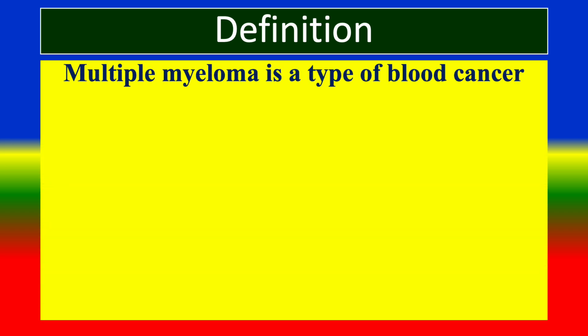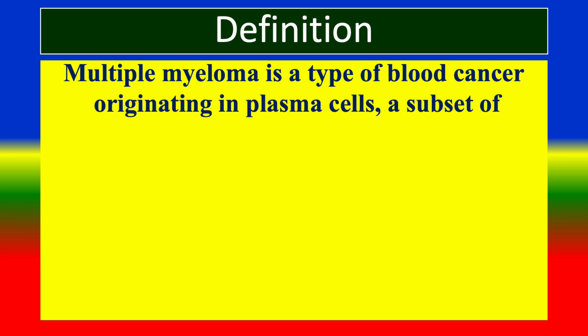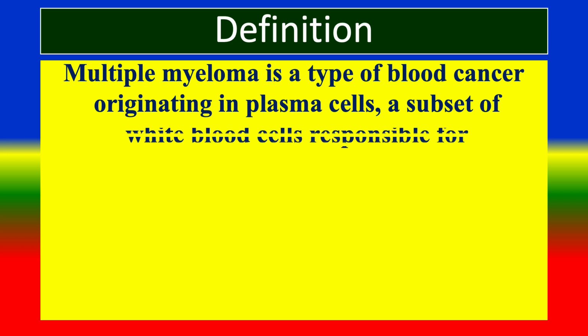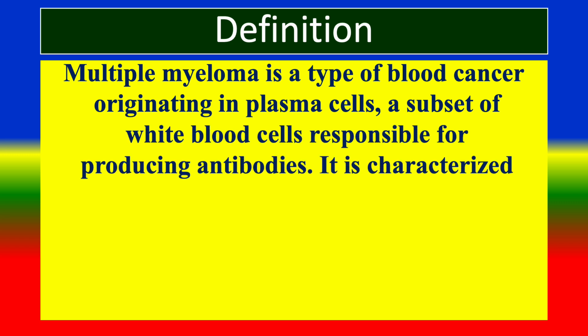Definition. Multiple myeloma is a type of blood cancer originating in plasma cells, a subset of white blood cells responsible for producing antibodies.